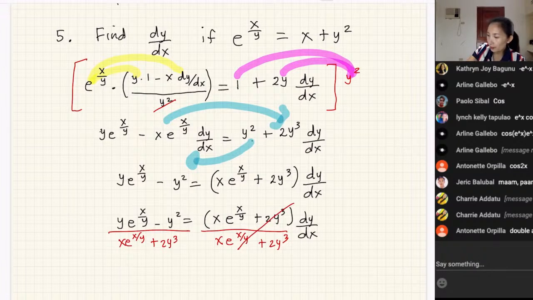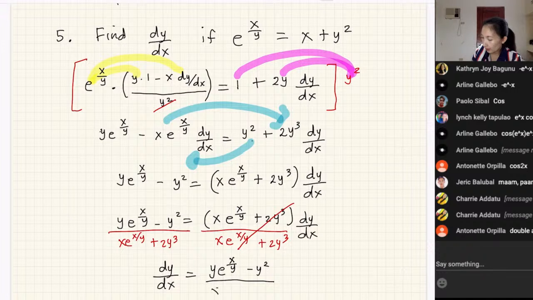So finally, we can write our answer as dy over dx is equal to y e raised to x over y minus y squared all over x times e raised to x over y plus 2y cubed.